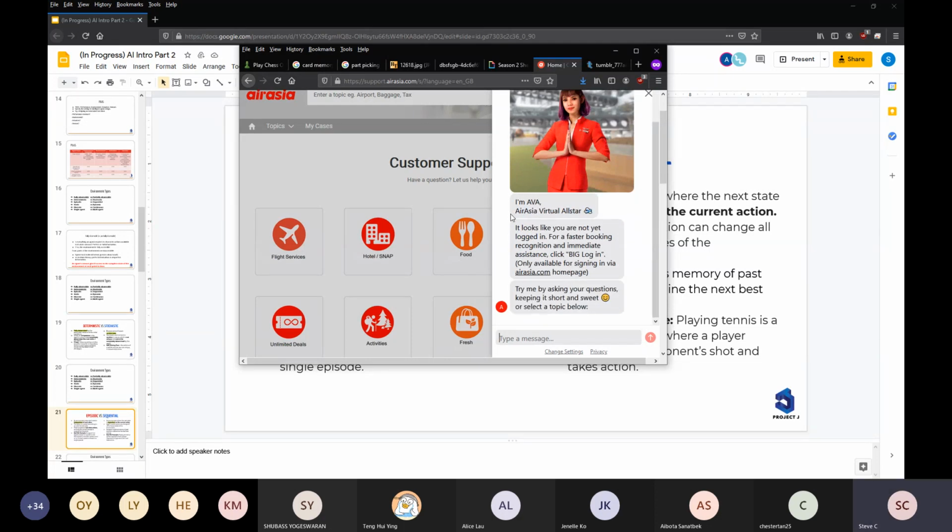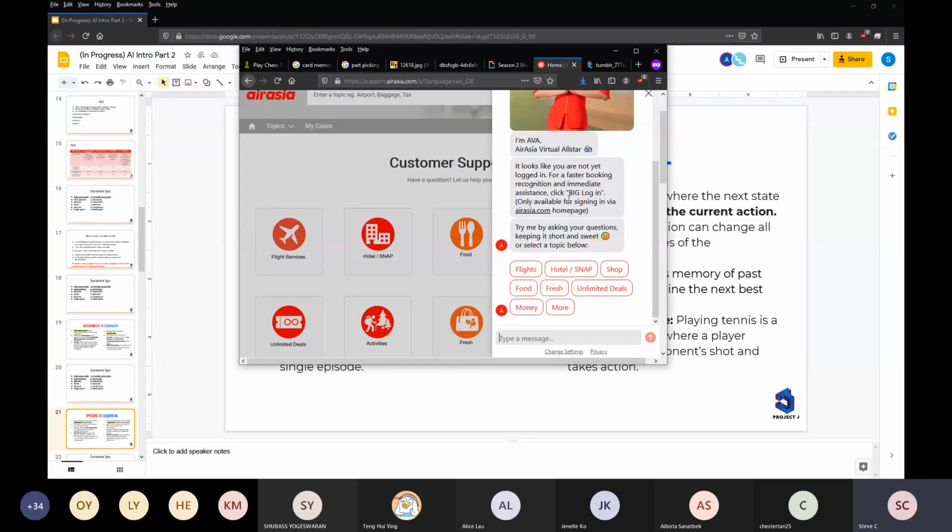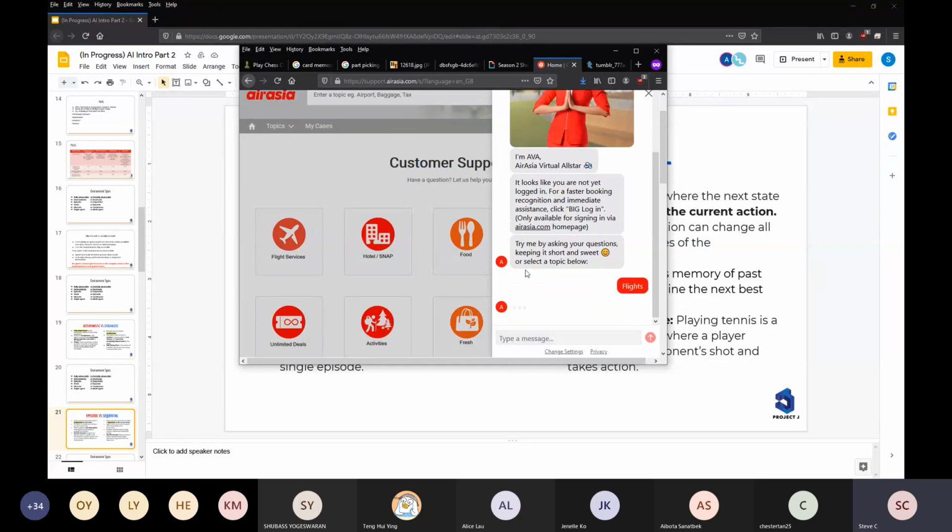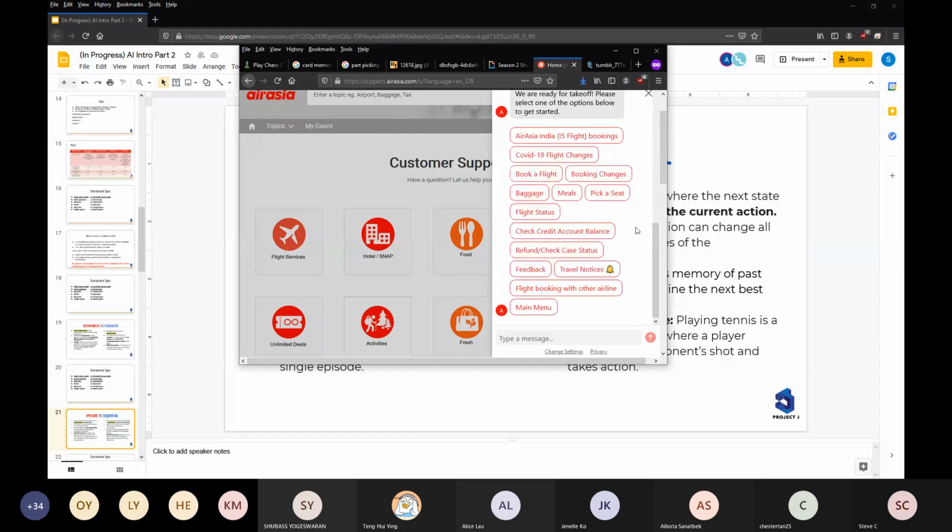So this is the predefined message by the AI chatbot. Here it has given me a series of choices that I can choose. So it is asking me a question right now. I'm just going to choose flights. All right, so then it has prompted me to choose another option. Let's choose book a flight.